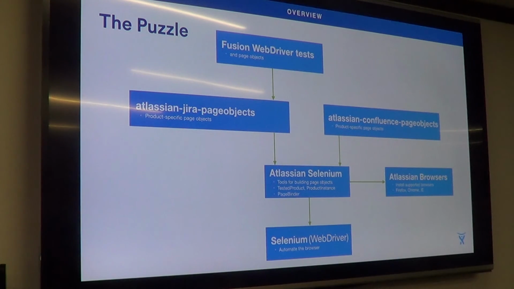Webdriver, as you've probably all heard, is probably the industry standard now for browser automation. I think they are standardizing it as a W3C standard, some sort of standard. It's theoretically capable of automating any browser, like Chrome or Firefox or IE or Android or iPhone and so on.